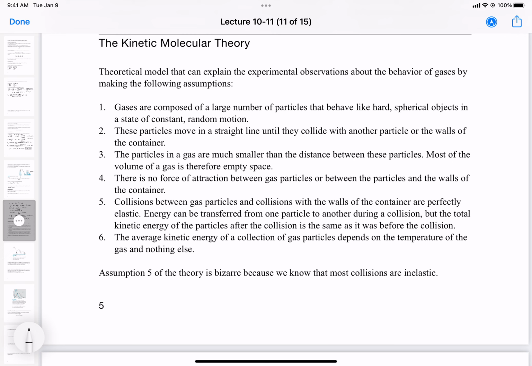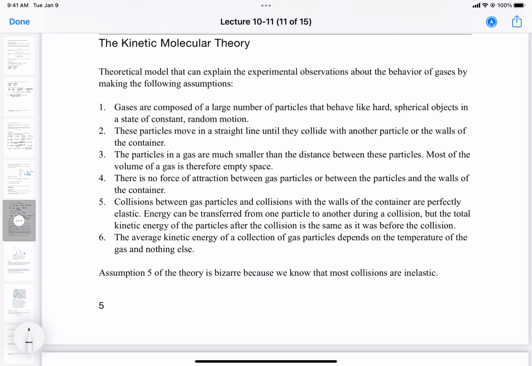So even though the gases are spaced out, we say the particles are much smaller than the distance between the particles. So even though they're small molecules, they're very small compared to the distance between them.